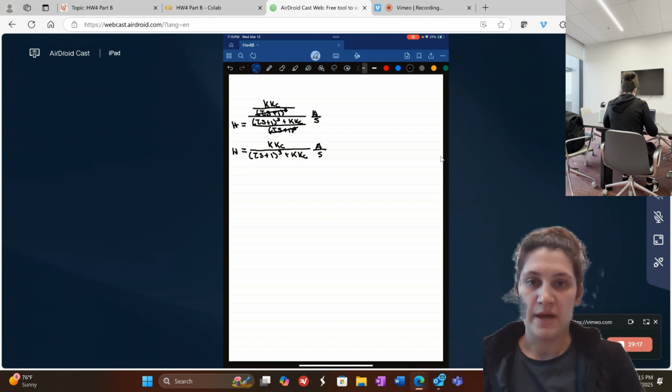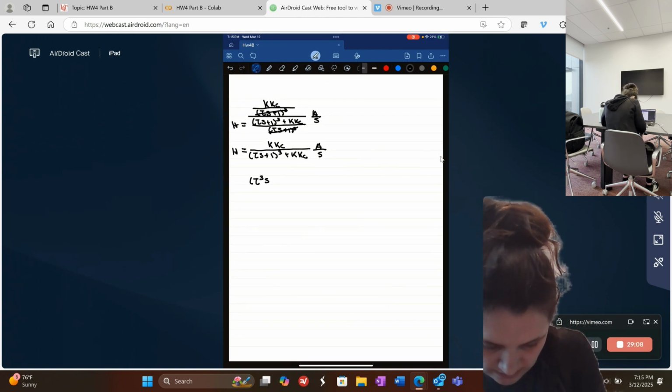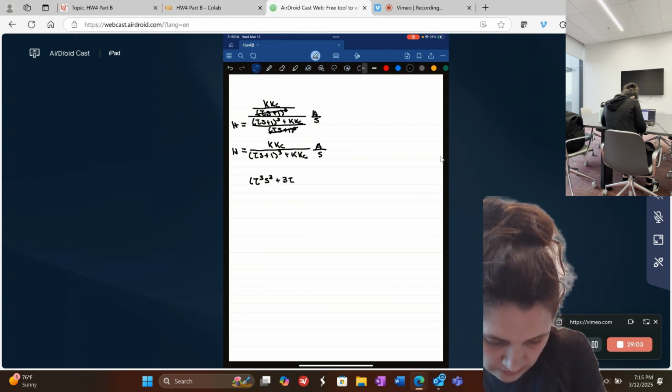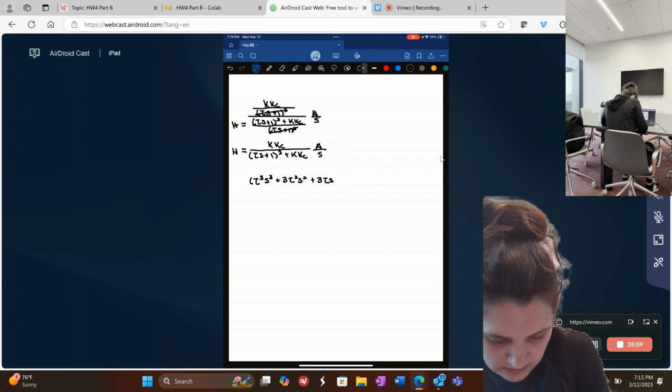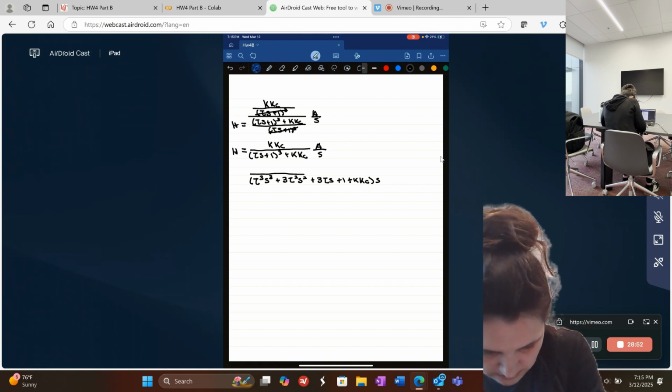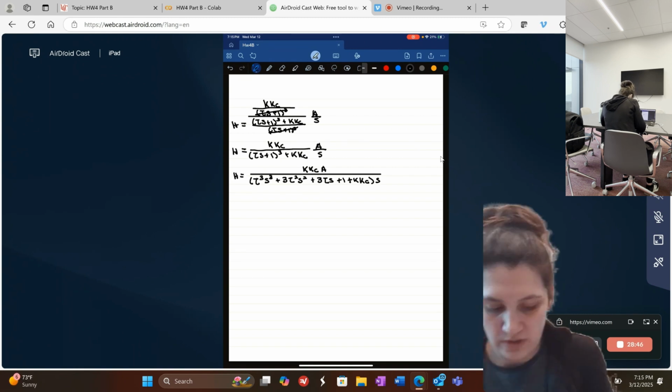So if we expand this (tau S plus 1) cubed, we end up with tau cubed S cubed plus 3 tau squared S squared plus 3 tau S plus 1 plus K times Kc, all equal to H.